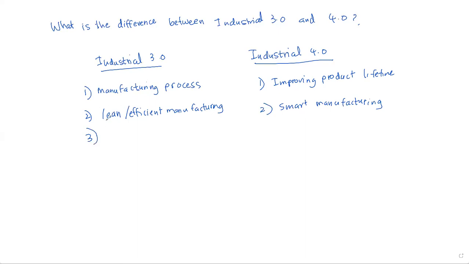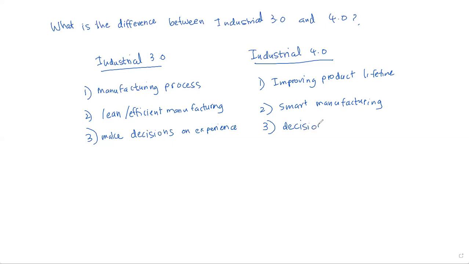Then 3.0 focuses on making decisions based on experience and past data. Industrial 4.0 focuses on making decisions based on data. So I said about using data here too.